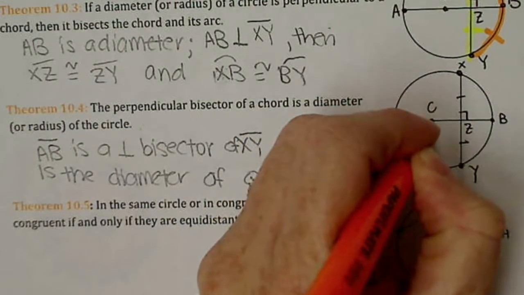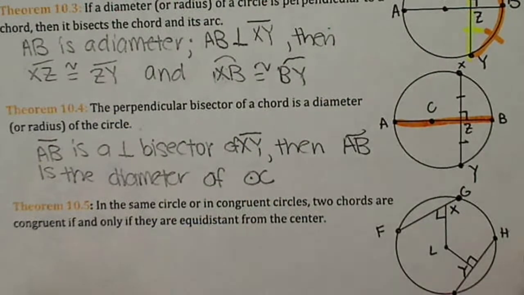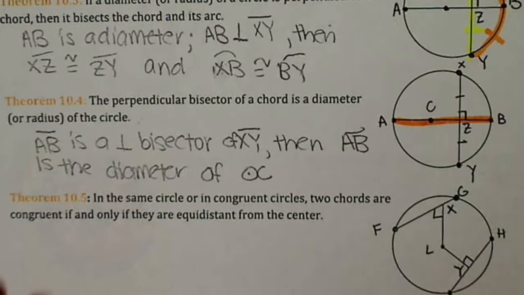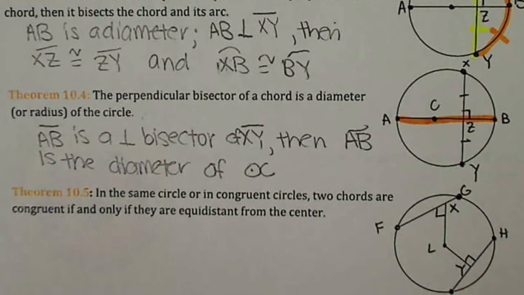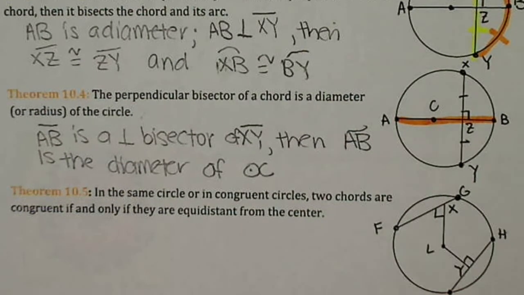In 10.3, we had the diameter and we proved something about the chords and the arcs. In 10.4, we know that it's a perpendicular bisector, therefore we're proving a diameter.